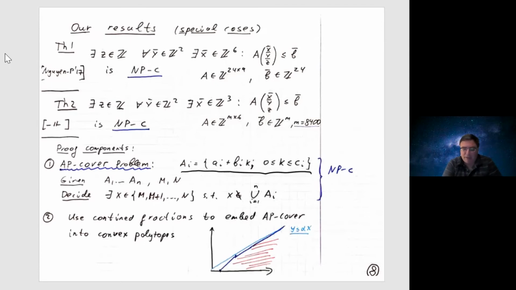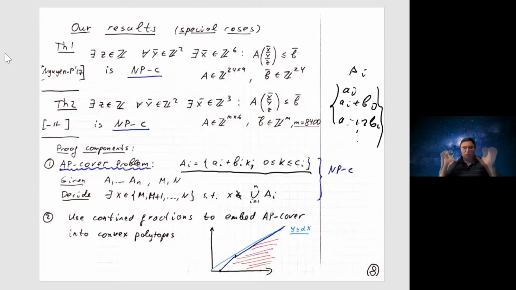The arithmetic progression is exactly what you think it is. They start at the number a_i, and then they go a_i, a_i plus b_i, a_i plus 2b_i, and so forth. So that's my arithmetic progression a_i. And the question is, is there a point on some interval which is not covered by the arithmetic progressions?